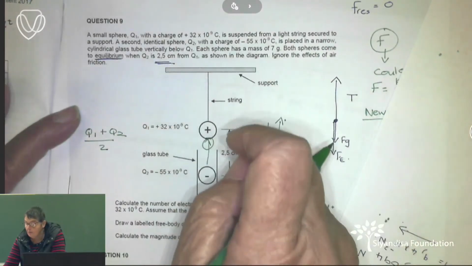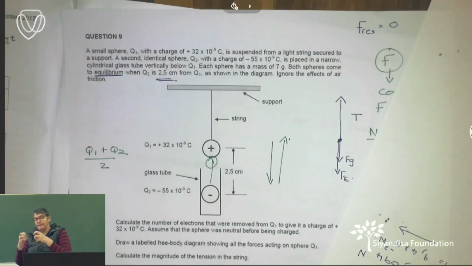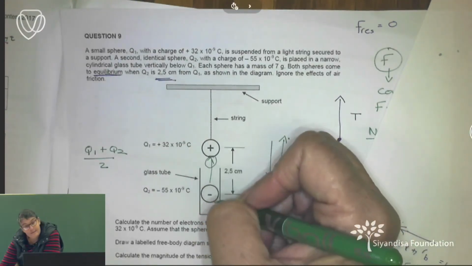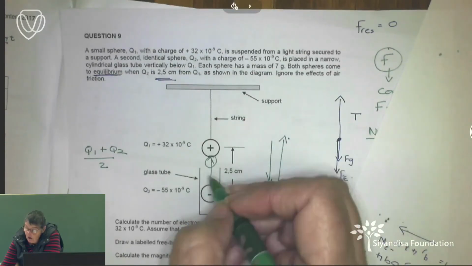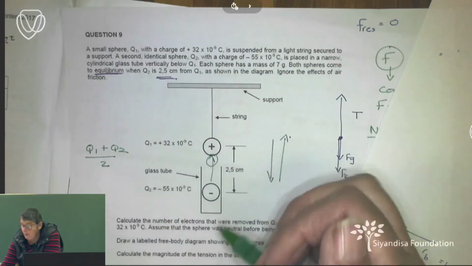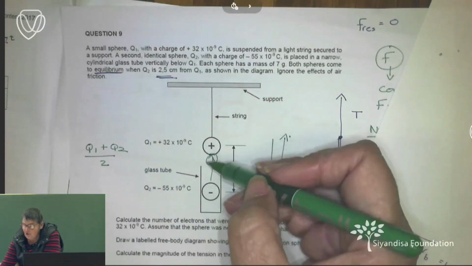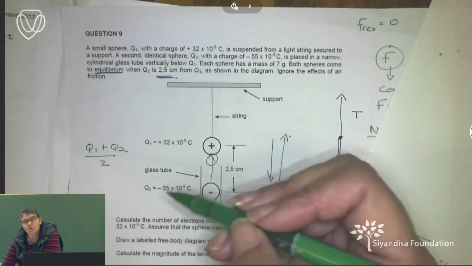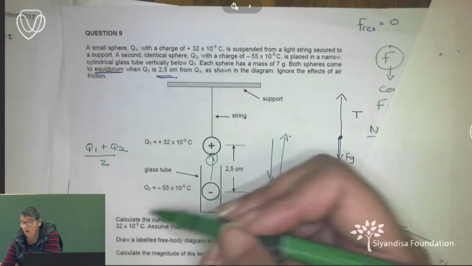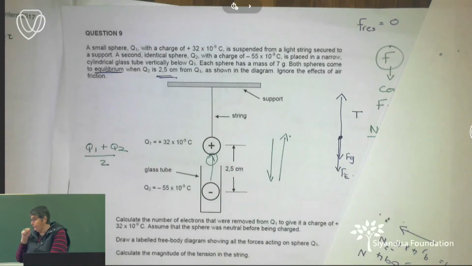In other words, the sum of their charge must remain constant. So they would touch, and then if they separated again, now they have a new charge. Please remember that. Very often, they touch, they ask you to calculate the new charge, and then they separate, and then they ask you to calculate the electric field strength.